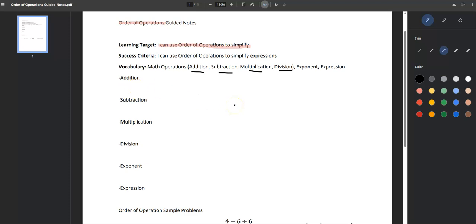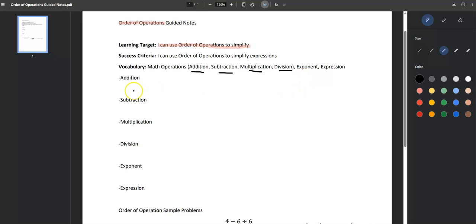Again, hopefully you have done this before, so this should be a quick one that gets you to where you need to be. Those are our four basic operations. Exponents are just repetitive multiplication.